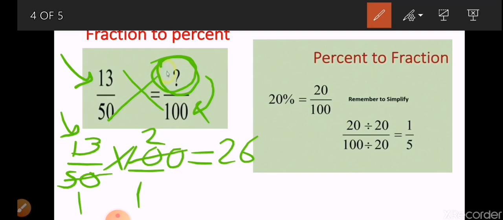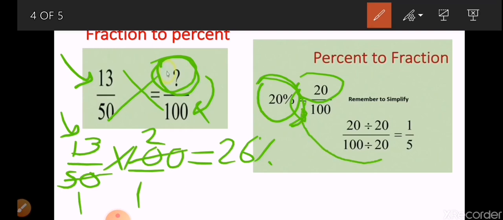So it's 26%. Okay, now if I have the percent which is 20 and I want the fraction, it's easier. Why? Because the percent is your numerator, as we said before, and it's always out of 100. So just put 100 down.